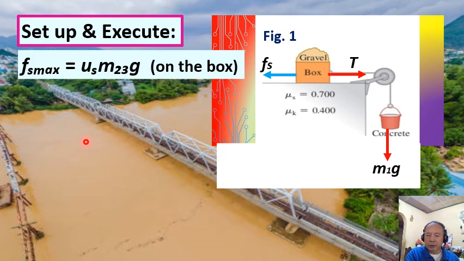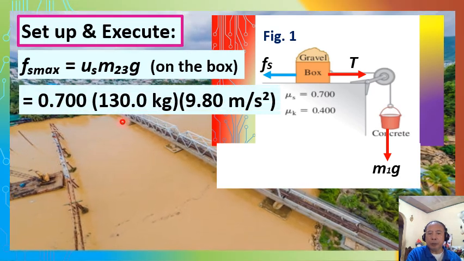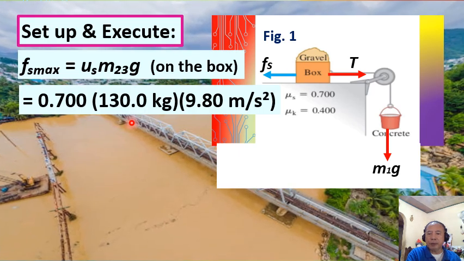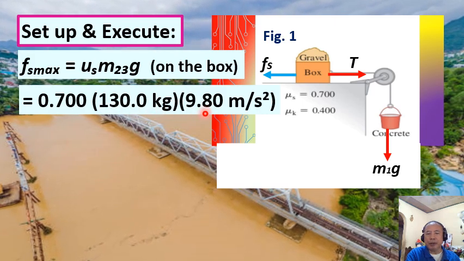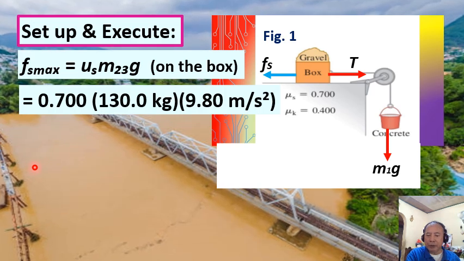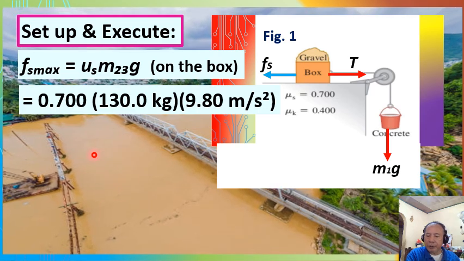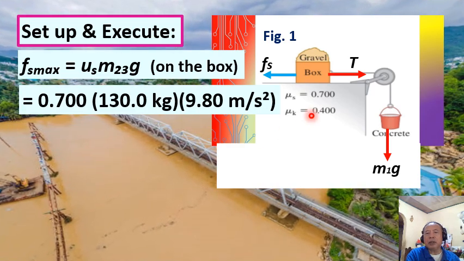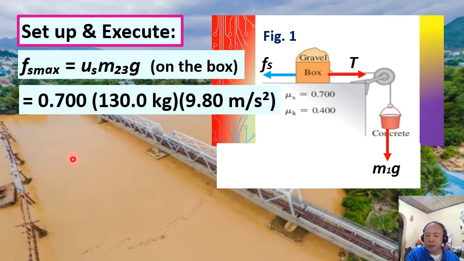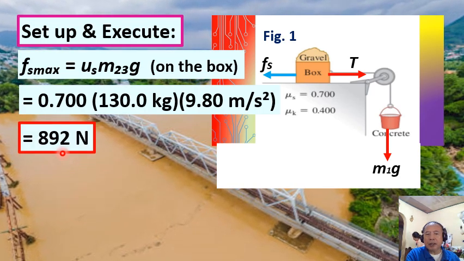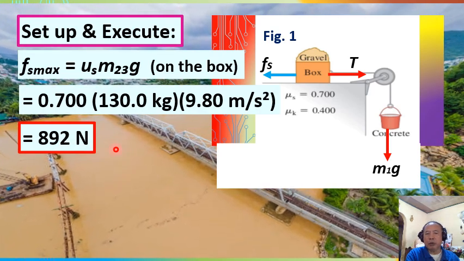We substitute mu s is 0.700 multiplied by the combined mass of the box and the bag of gravel, or 130.0 kilograms, multiplied by 9.80 meters per second squared, we get the maximum static friction between the surface of the roof and the box, equal to 892 newtons. This is the maximum, take note.